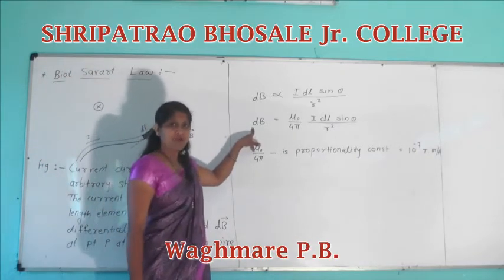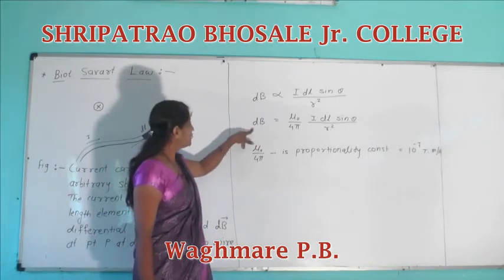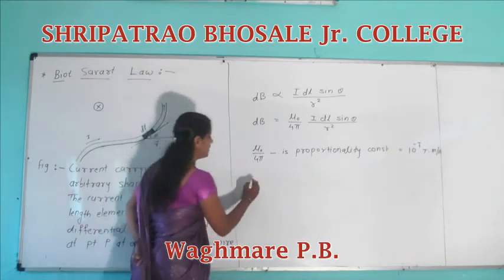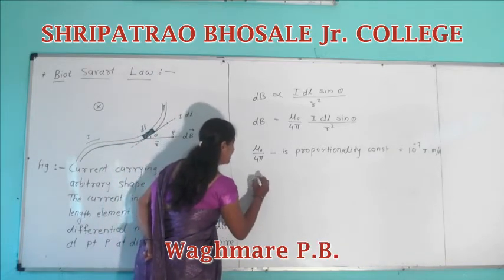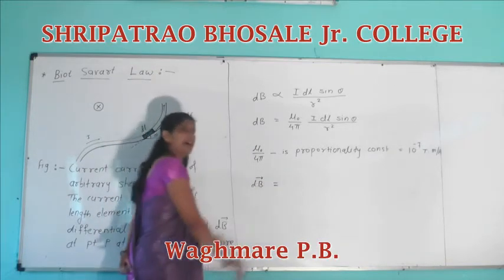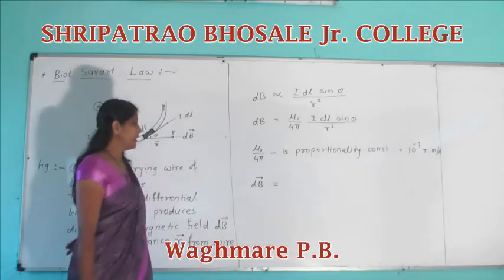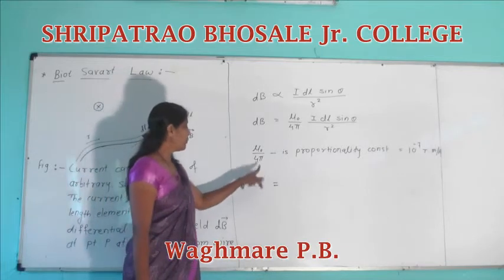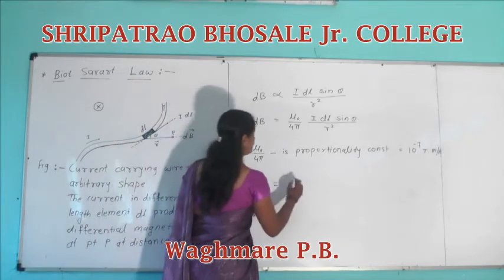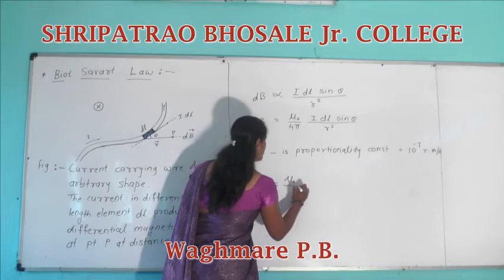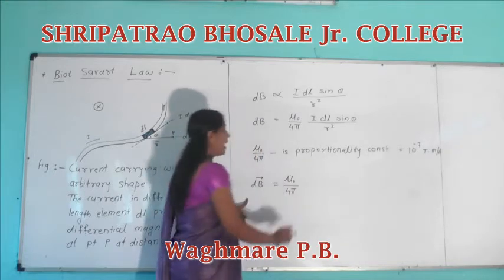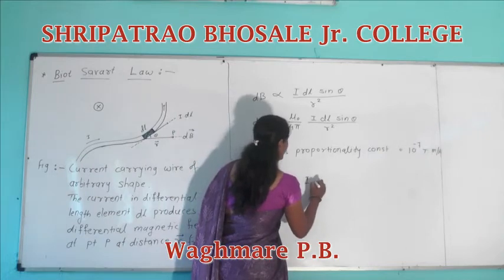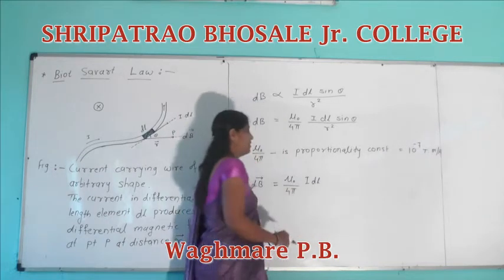Now, if you want to write the vector form of this equation, then we can write vector dB. Magnetic field is a vector quantity, therefore vector dB is equal to mu 0 upon 4 pi into I dl.